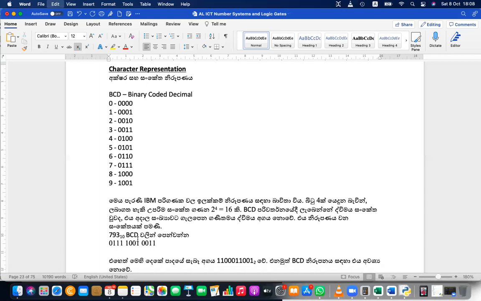What you're going to do is send this signal through a wire. When you're sending it through the wire, there are different encodings like Manchester encoding.